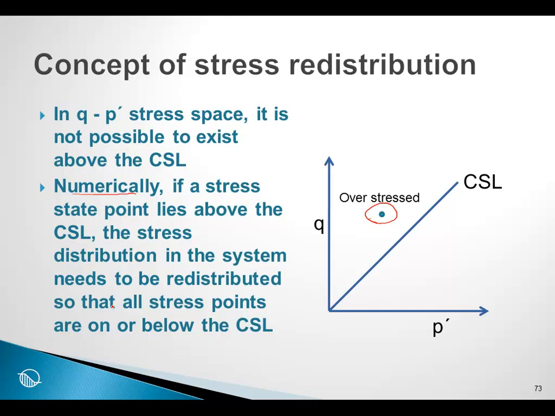So to repeat, numerically we can exist here, but physically it is not possible to exist there in the field. And as a result, numerically, we have to somehow bring this stress state point down to this level such that it is back on or below the critical state line.